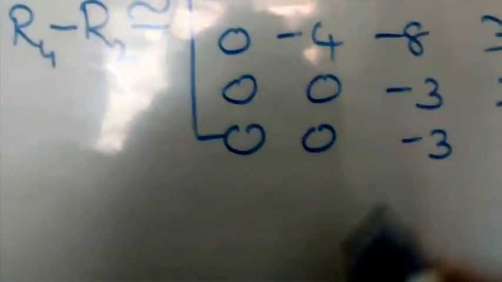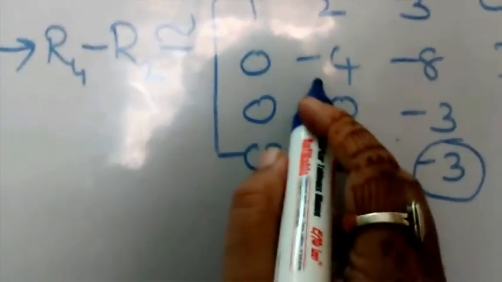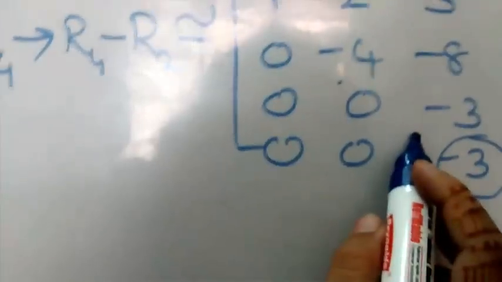Then again I have to make this element 0 by using R3. I cannot use R2, I have to use R3.